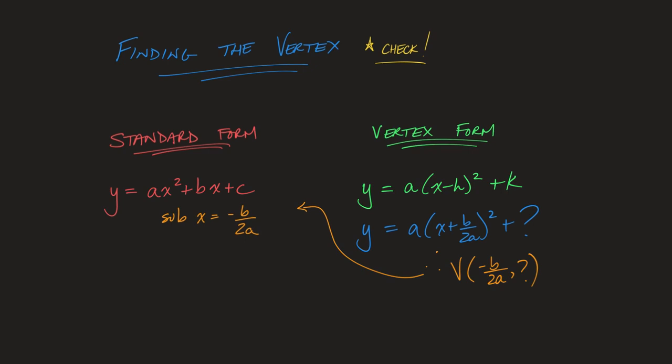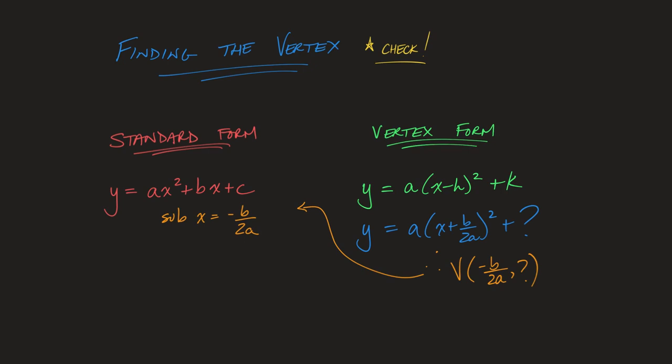Remember our standard form in red, our vertex form in green. And then what I put down in blue was what we just found by completing the square on our generic function: a times (x + b/2a) all squared plus question mark, because again, we don't care about the question mark.